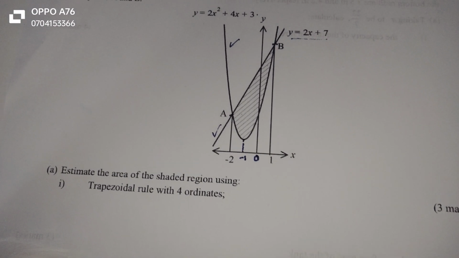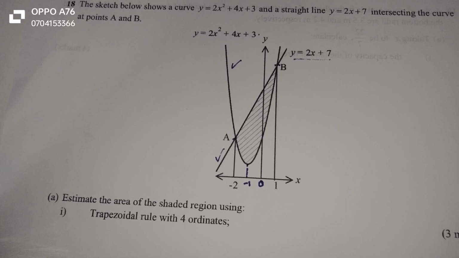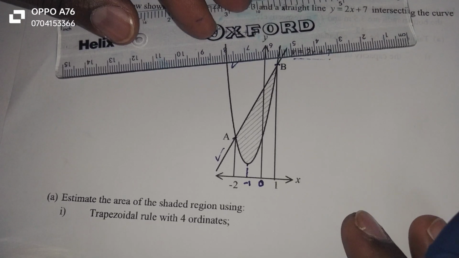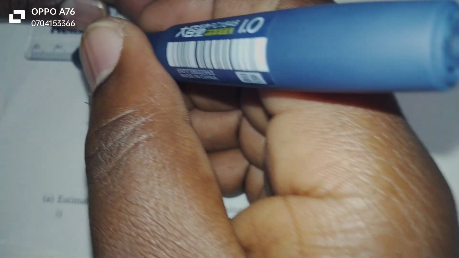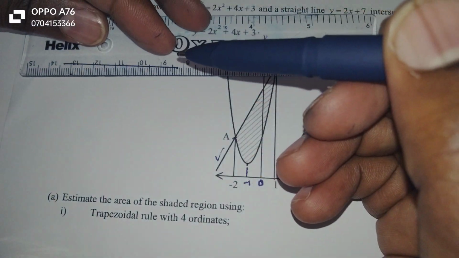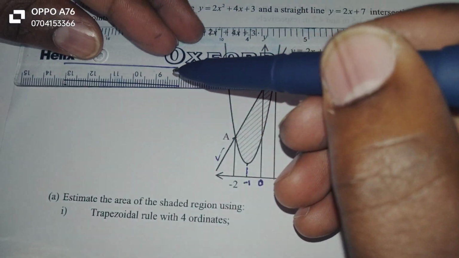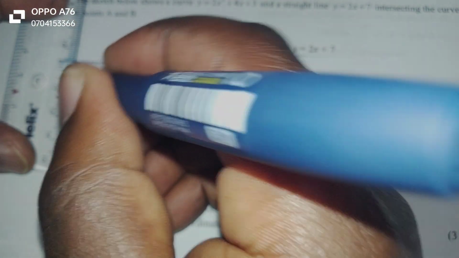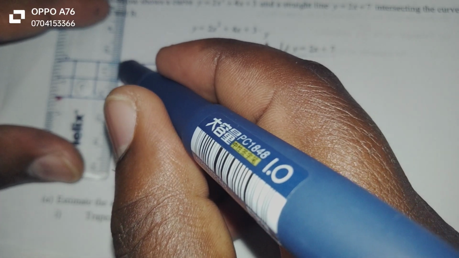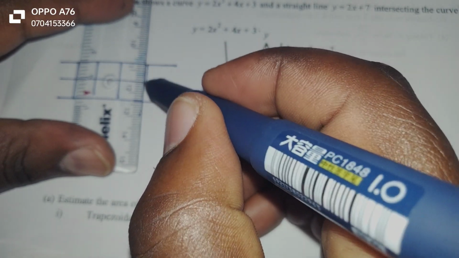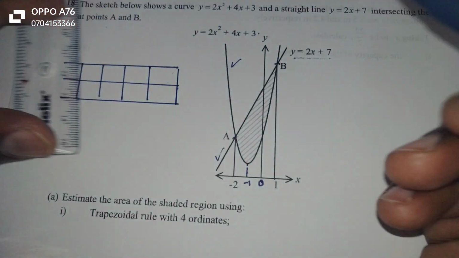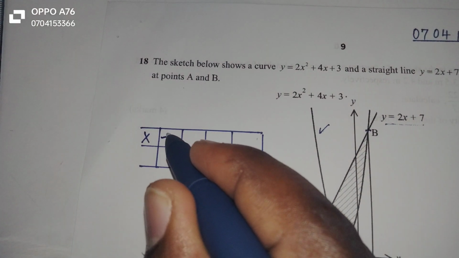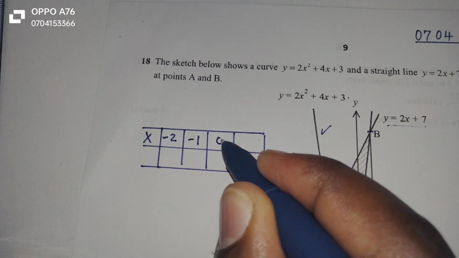With this, we can get the values of y at the corresponding values of x, which are going to be our heights for the trapeziums. So we need to draw a simple table of values of x and values of y, so that I substitute in the function to get the values of y. We start from x equals -2, -1, 0 and 1.